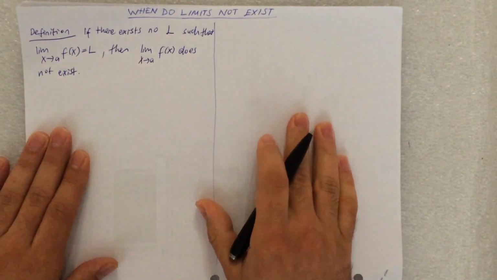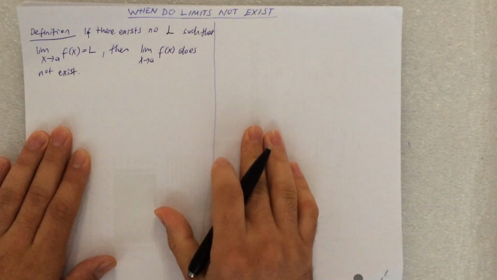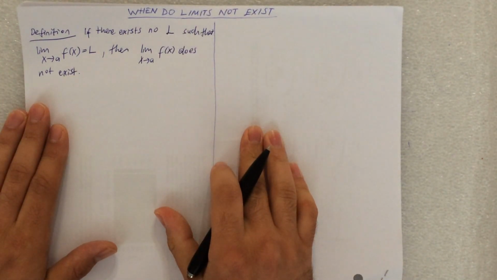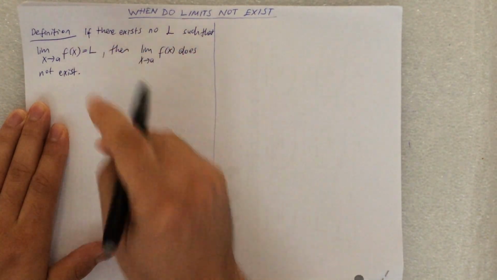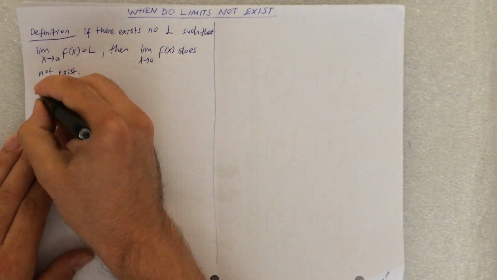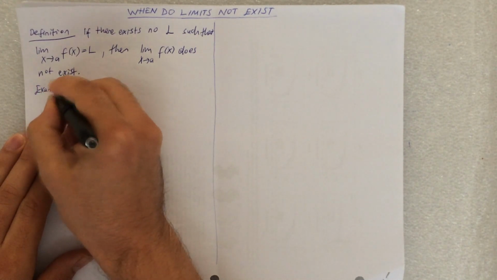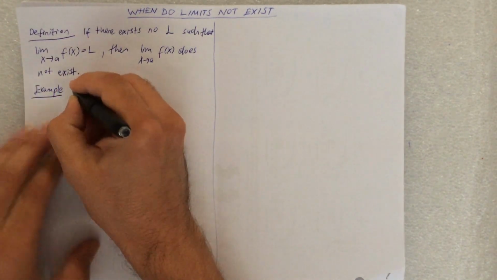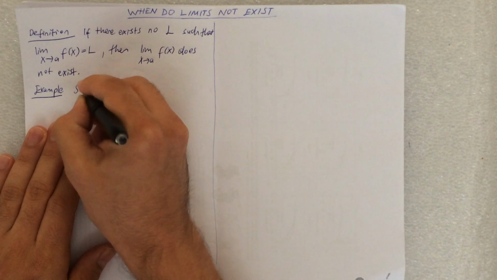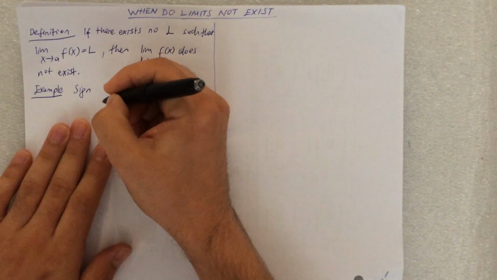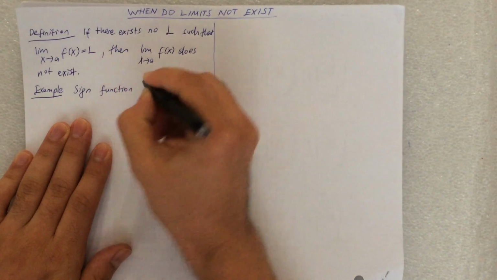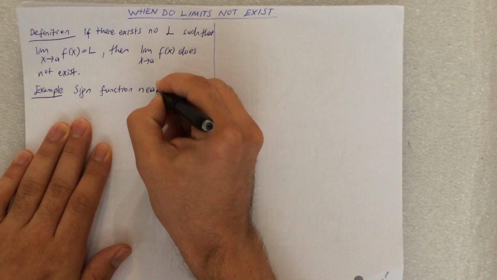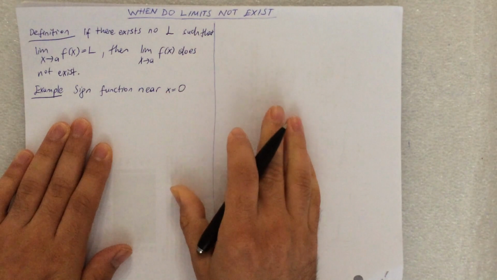In this video I'm gonna give a couple of examples where you cannot find any value as the limit of a function. My first example is the sign function, which is also known as the Signum function, near x equal to 0.